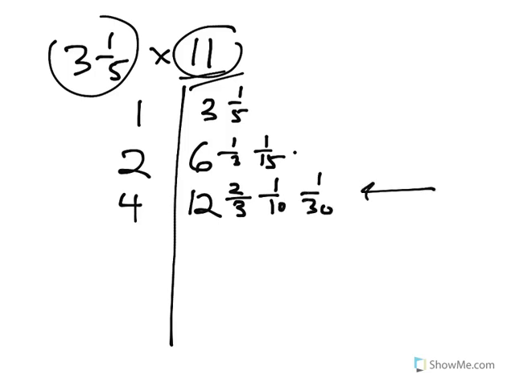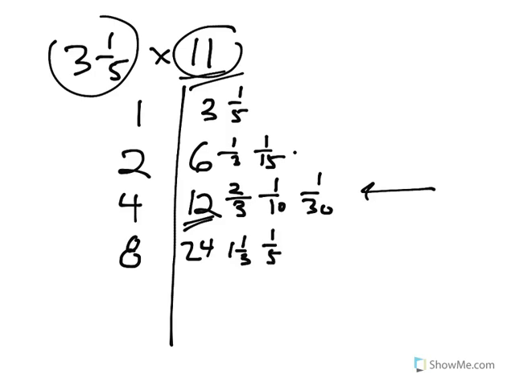So this number is getting pretty ugly looking. I just need to do this again. So 8. Now the 12 becomes 24, but they knew very well that 2/3 doubled was 1 1/3. So this would be actually the 24 plus the 1 1/3. Actually, I'm going to go like this: 24, 1 1/3. 1/10 becomes 2/10, which becomes 1/5.